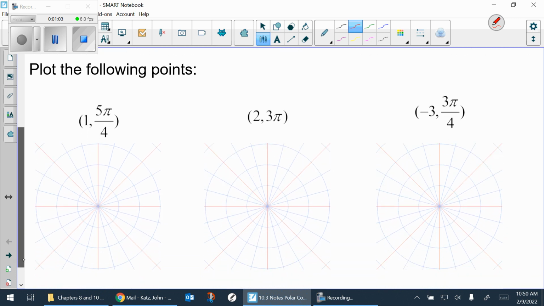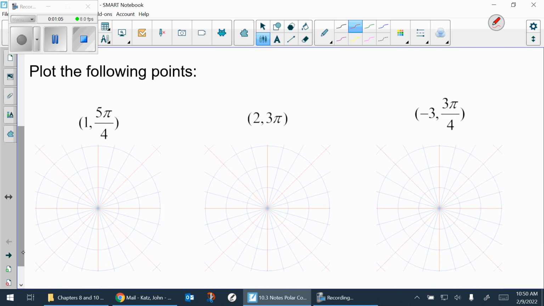All right. So we've got some polar coordinate paper here. And we're going to have a radius of 1, but the first thing I've got to find is my theta. So I got to work my way around and find 5 pi over 4. So I'm here. Let me see, there's pi over 4, 2 pi over 4, 3 pi over 4, 4 pi over 4. Here's 5 pi over 4.